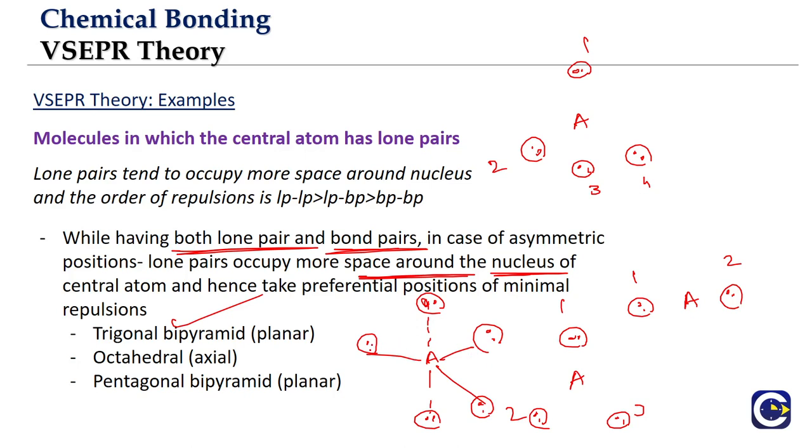The 3 positions in the plane, we can number them 1 2 3, are of the same nature, they are all identical. The axial positions both are identical, but an axial position is not equivalent to a planar position.